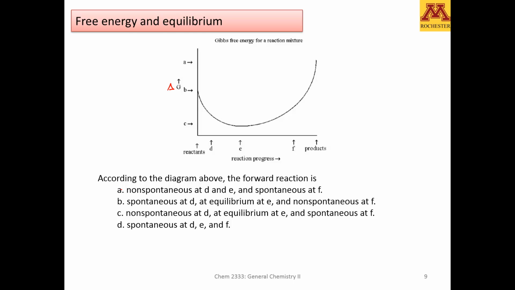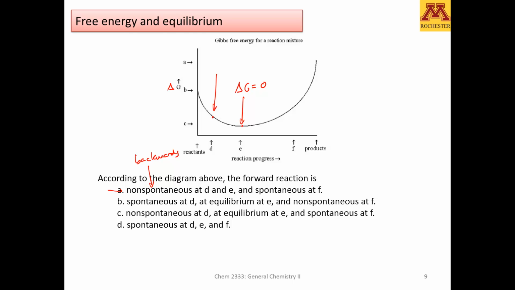It says that the reaction is non-spontaneous at D and E, and when we say non-spontaneous, it means that it's going to move backwards. Okay, and spontaneous means it's going to move forward. So at D and E is non-spontaneous. Well, that's not correct because you have a minimum here, so your delta G is 0.